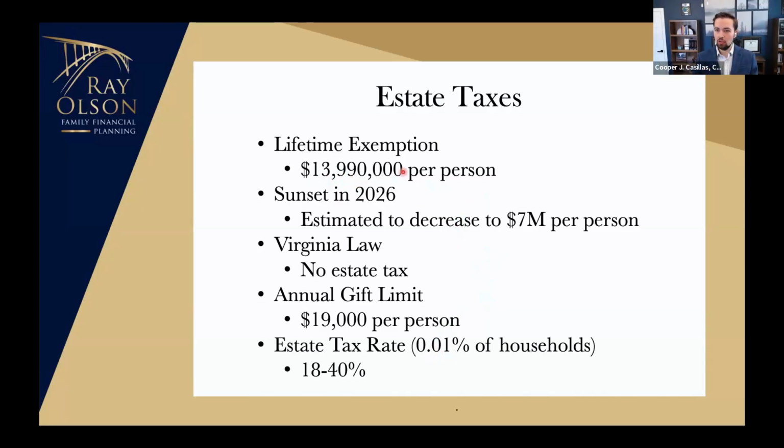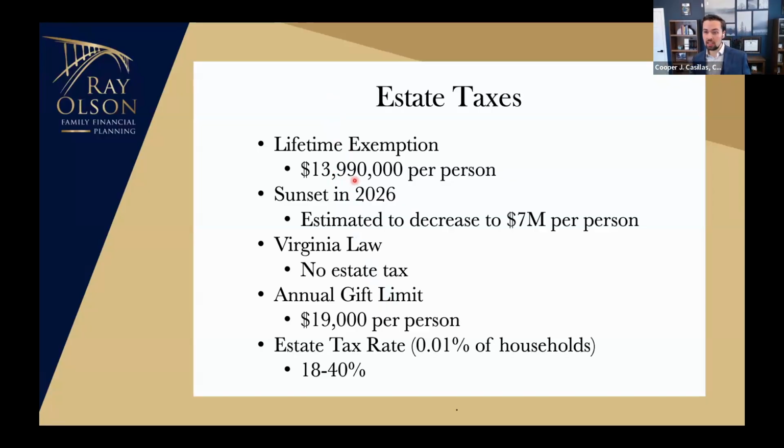Okay. So again, you inherit $1 million. Well, that doesn't even come close to what this exemption amount is, and you do not have to pay any estate taxes on that. And for Virginia, there is no state tax, even if it's above that threshold of $13.99 million.